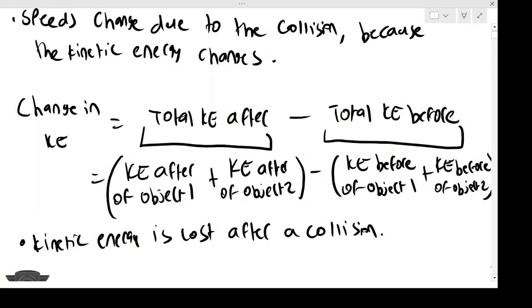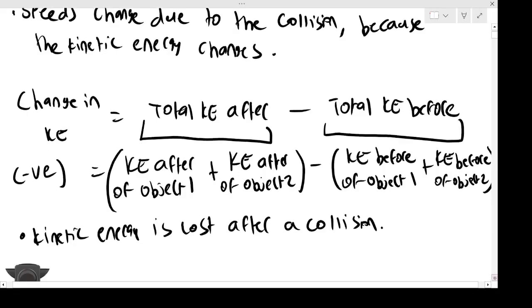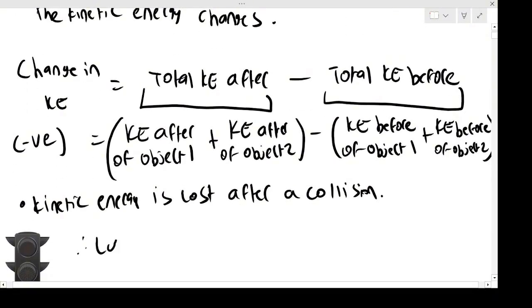So what does that mean here? Well, this change is going to be a negative answer. It's going to be a negative change in energy because the kinetic energy afterwards is going to be less than the kinetic energy we started off with before. So we can then specify that the loss in kinetic energy is going to be the other way around.